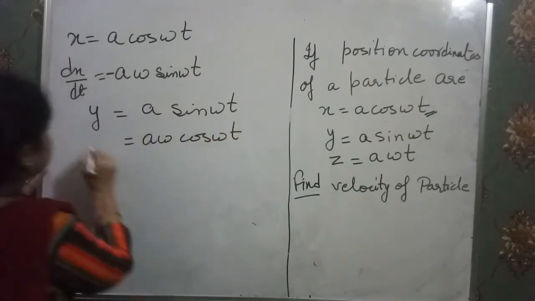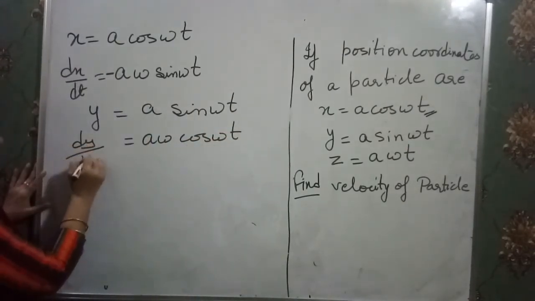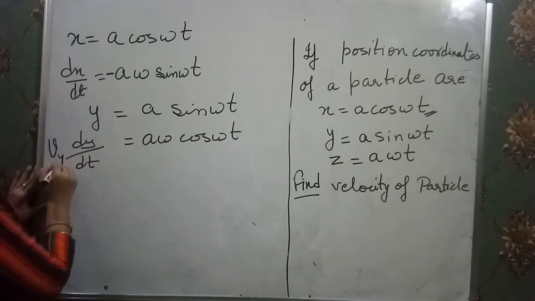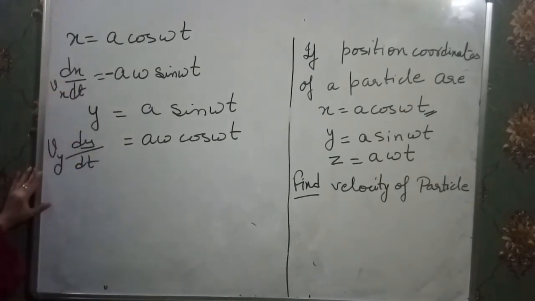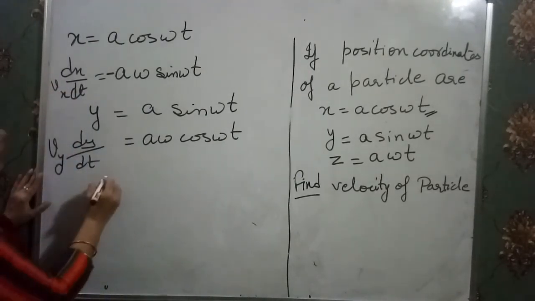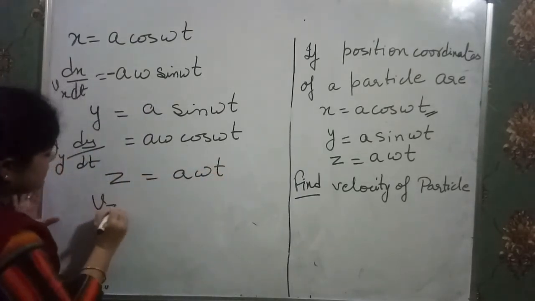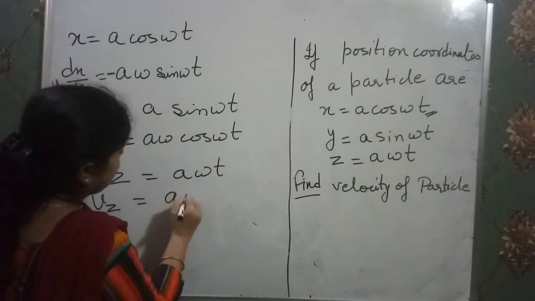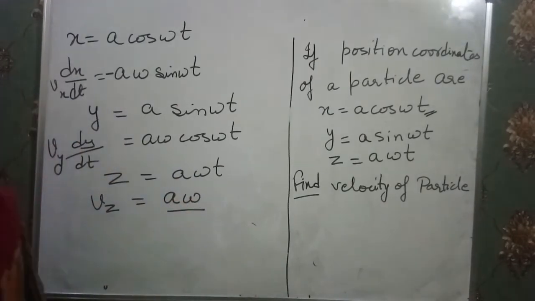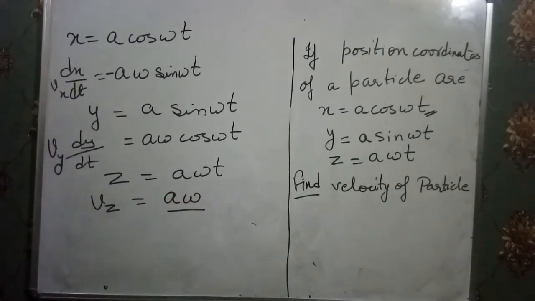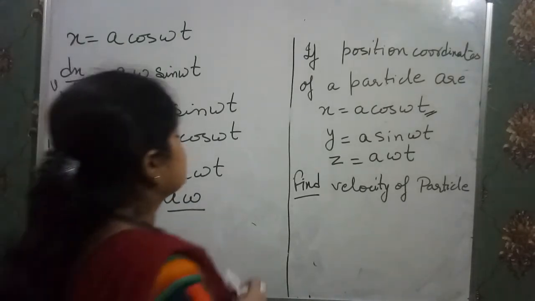Clear? This is dy by dt. That means velocity in the x direction and velocity in the y direction. Now z is equal to a omega t. The velocity in the z direction after differentiation we have a omega.